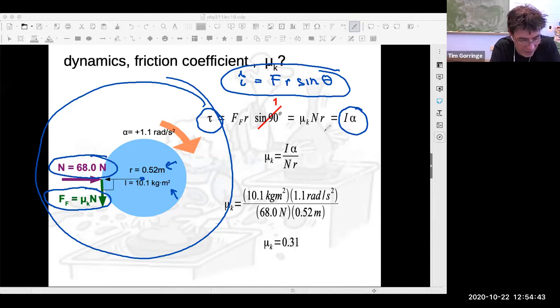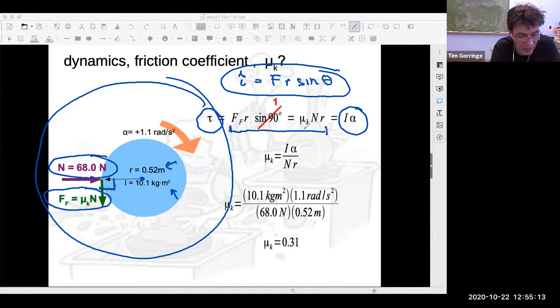And in the middle here, I filled in my understanding that in this case, that torque is created by a frictional force. The size of that torque is the friction force times the distance it's applied from the axis of rotation times the sine of the angle between the direction of the force and this vector to where the force acts. That's 90 degrees. I fill all that understanding in.